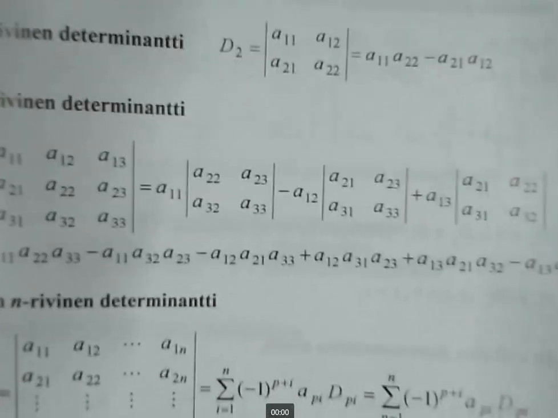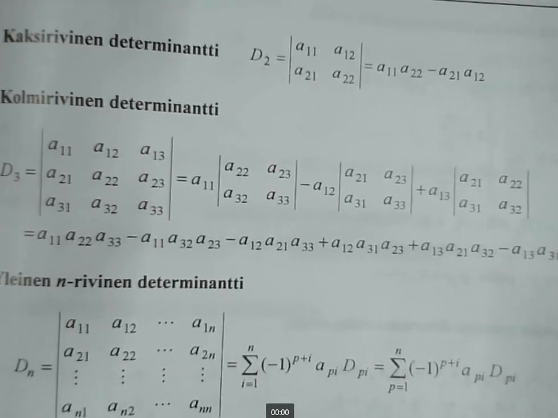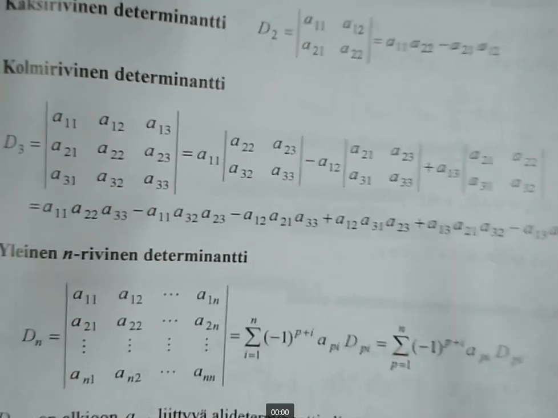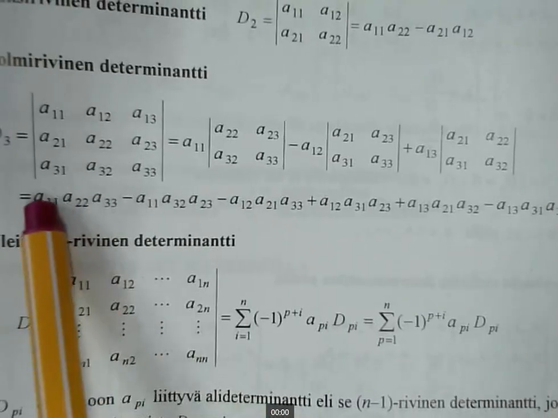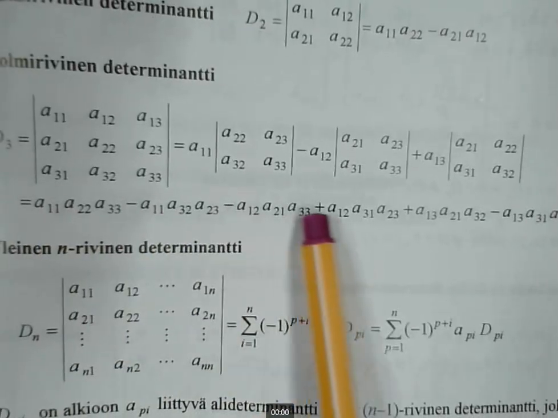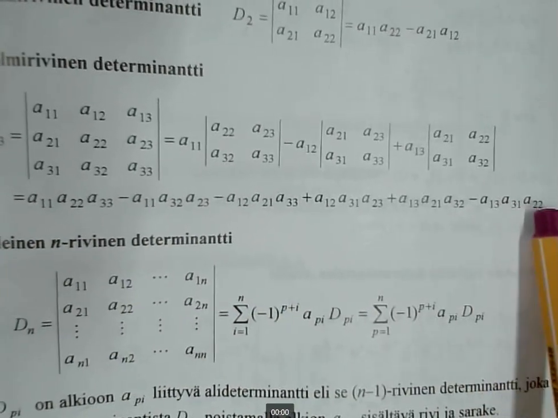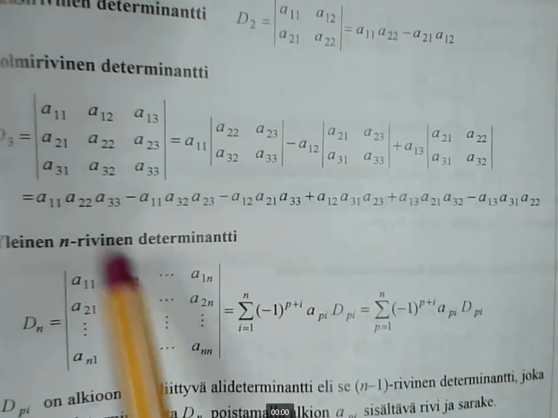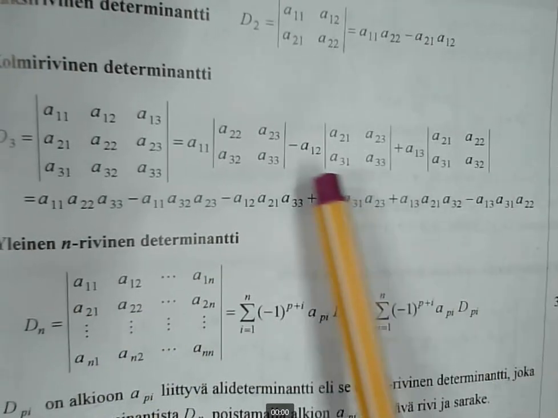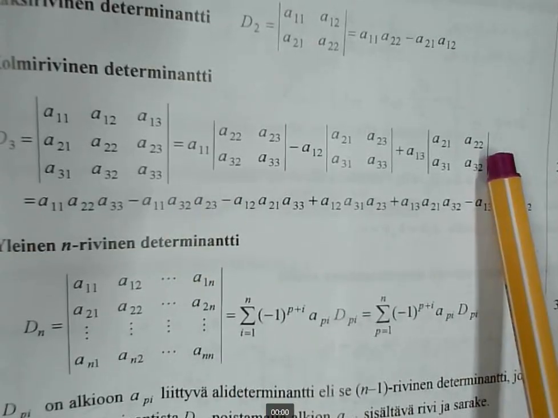Well, here is a way to calculate the value of that determinant. This is not useful at all. This is way too long to calculate it with this method, and I don't like this method either.